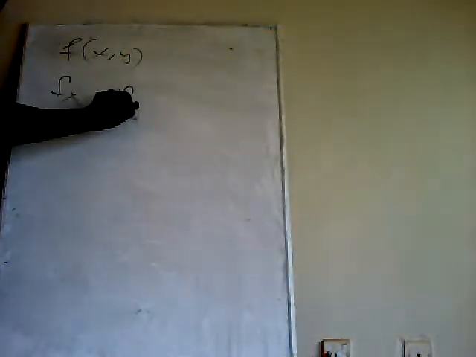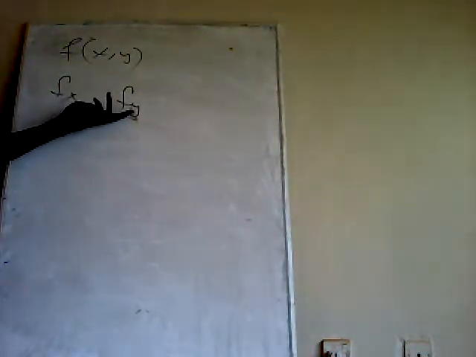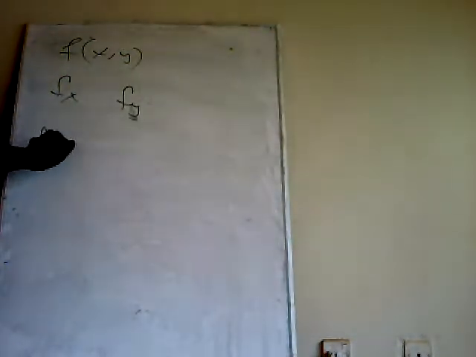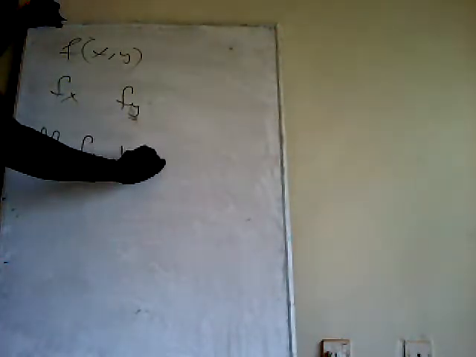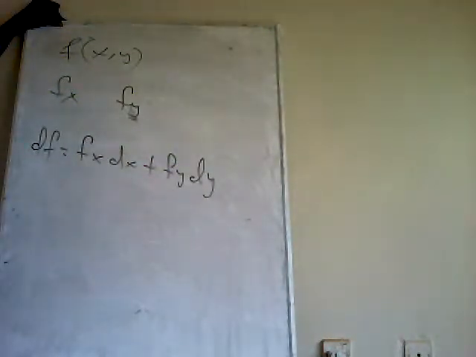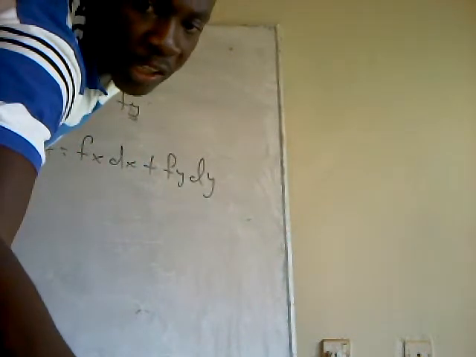And fy will also be the rate of change of the function with respect to y, keeping x fixed. If we want to look at the total rate of change, which we call df, then it's just going to be fx dx plus fy dy. This we call the total rate of change.